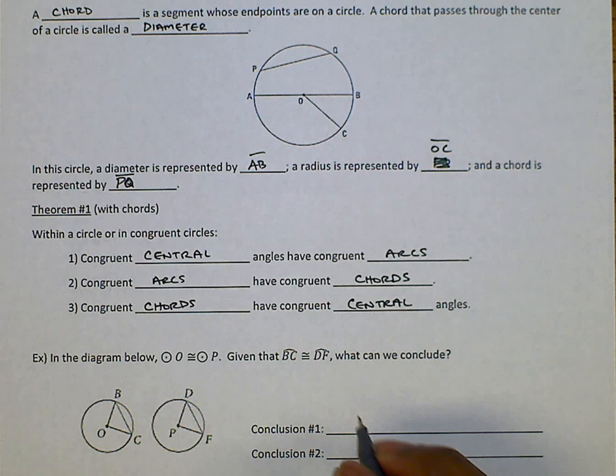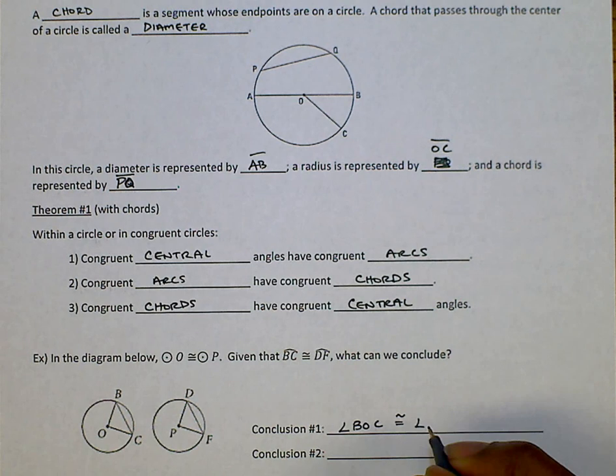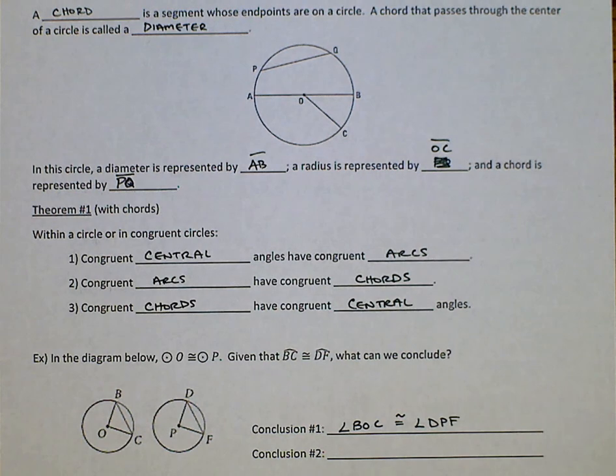So angle BOC in circle O should be congruent to angle DPF in circle P. We can also say, since these arcs are the same, that the chords have to be the same. So BC is congruent to DF.